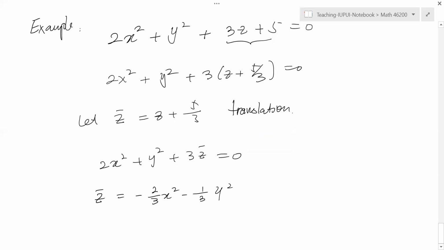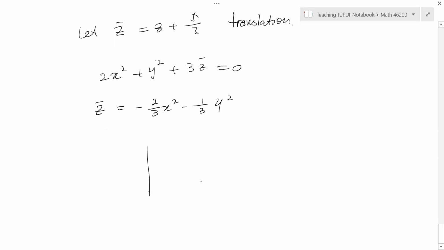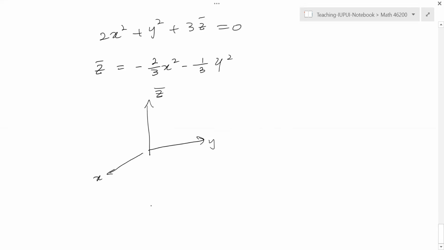So how does the graph look for this one? Right now, here's x, this is y, this is z bar. In this new system, this is a kind of paraboloid. It touches the origin at the vertex.